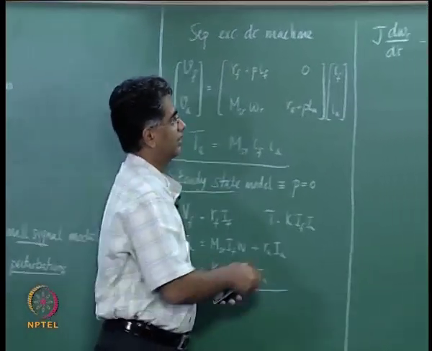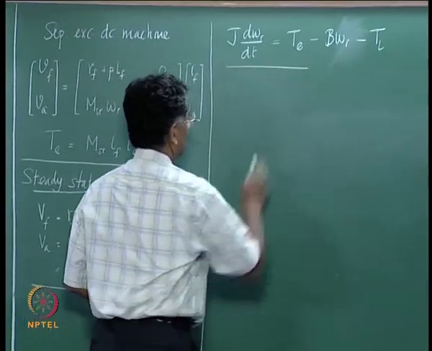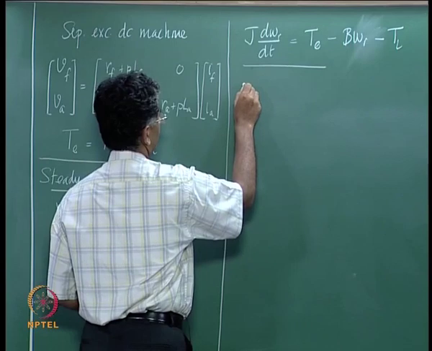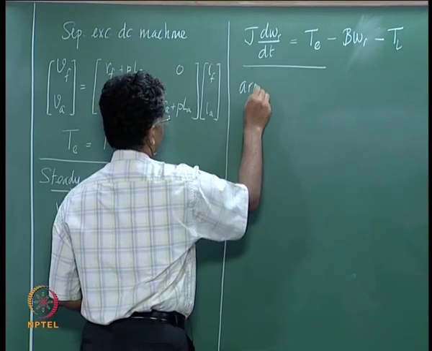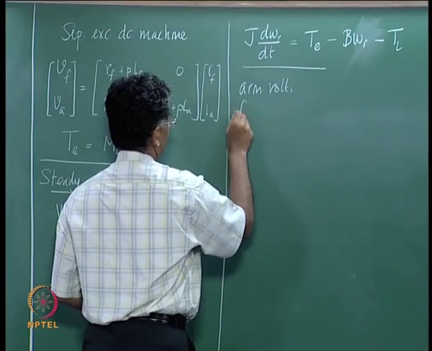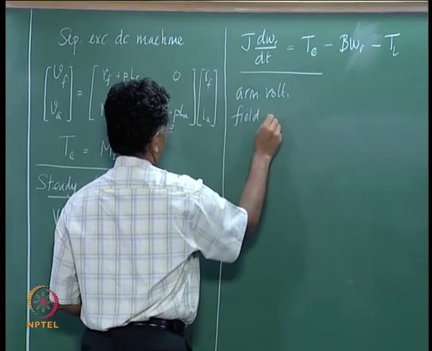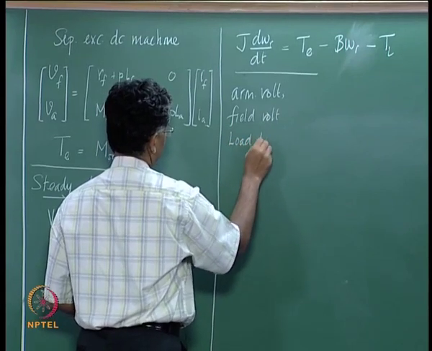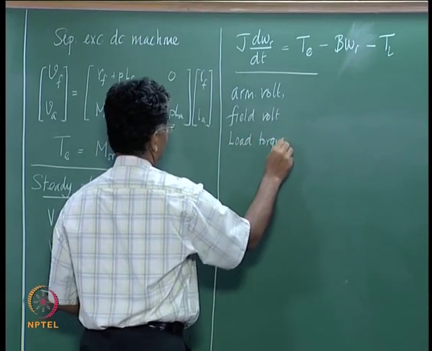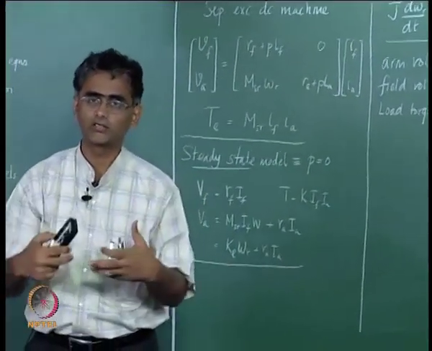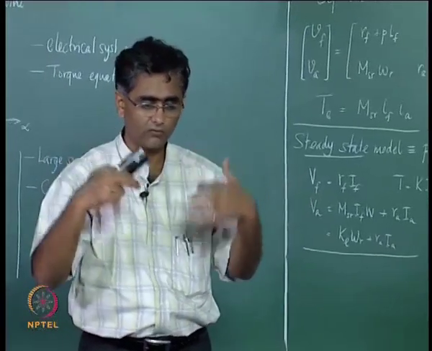So in this, we shall suppose that the armature voltage, field voltage and the load torque are the external inputs, external actions that are impinged or enforced on the machine.